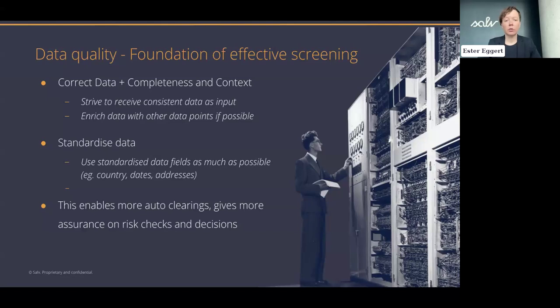So let's get to how to do this. I mentioned data quality previously. I also mentioned that it's controversial, but it's still something to highlight, especially when it comes to transaction screening. In many cases, you will not have the power to influence the quality of the data that comes in. That's just the unfortunate reality. But there are things that you can do.